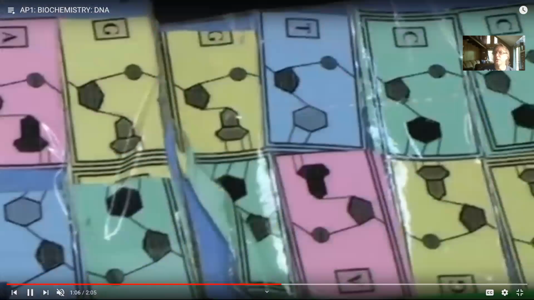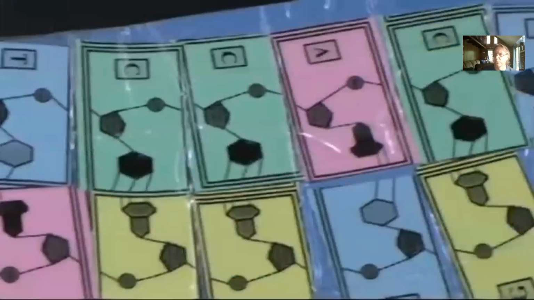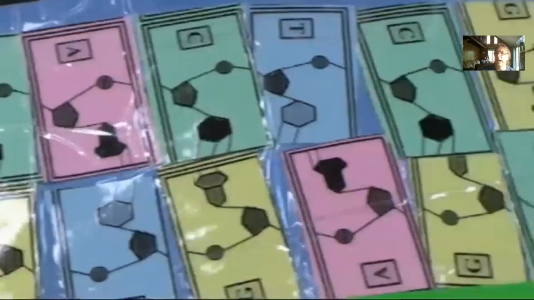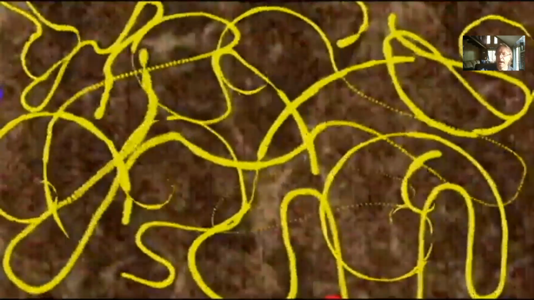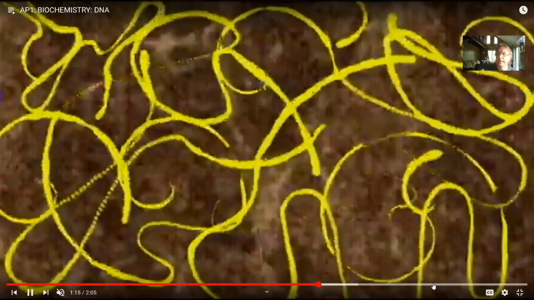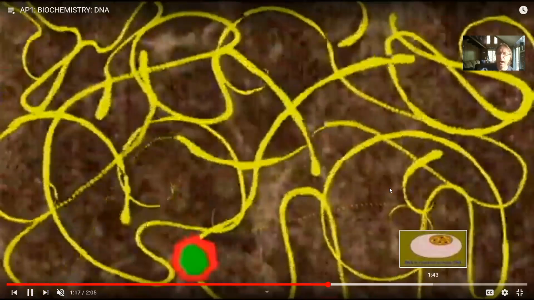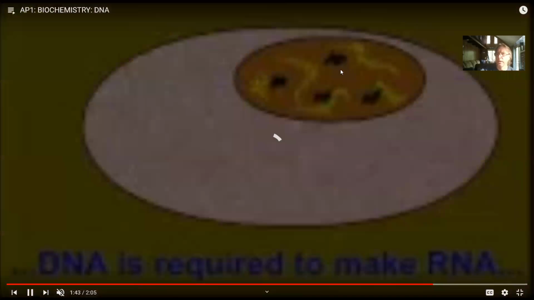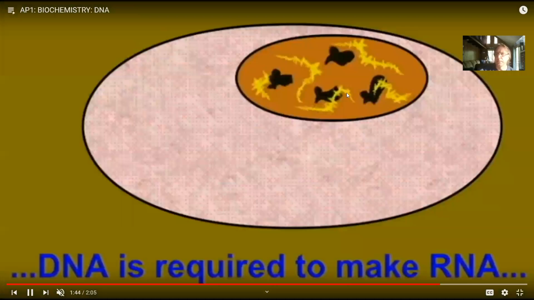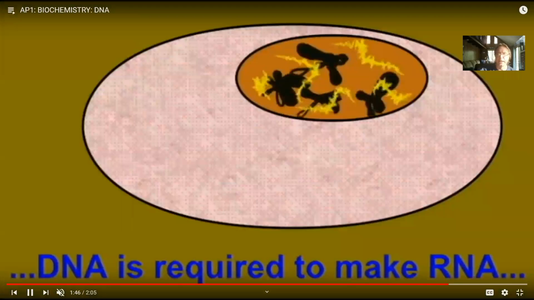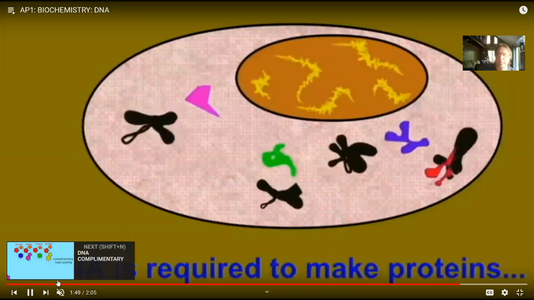All right, and so this particularly is the sequence for the gene for beta hemoglobin. And so cells know how to make beta hemoglobin by reading the DNA code. We now know that the DNA code is in the nucleus with a little in the mitochondria. It is then copied and proteins are then made in the cytoplasm.